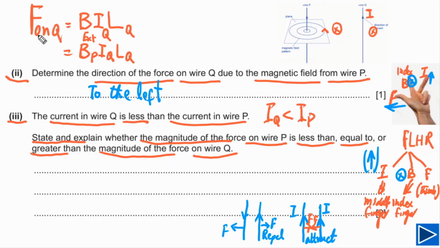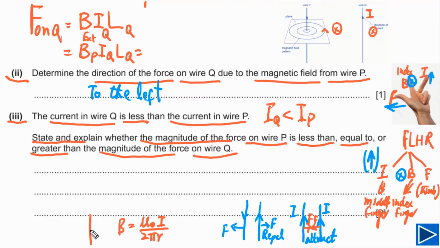We have already discussed a little bit about force on Q. So if we talk about force on Q, this force is equal to BP IQ. But B is equal to, this is a very important point, the magnetic field around any wire is equal to mu naught I divided by 2 pi r.